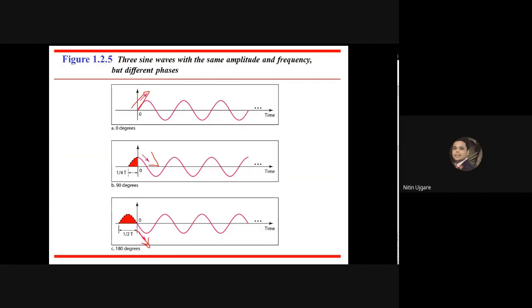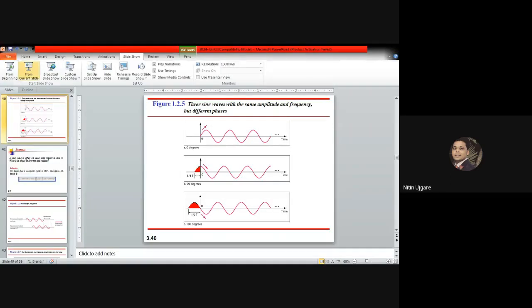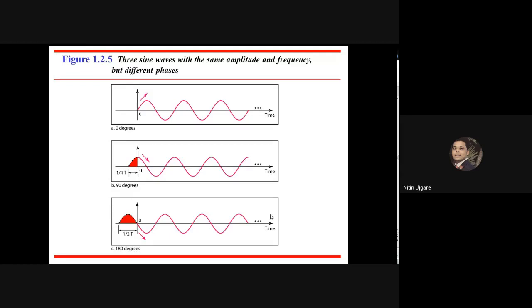I'll just read this example so that you can solve it. Okay, can anybody give me the answer to this? A sine wave has an offset of 1/6 cycle with respect to time 0.